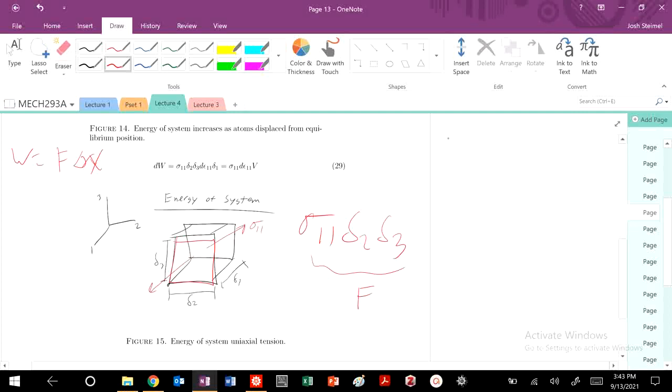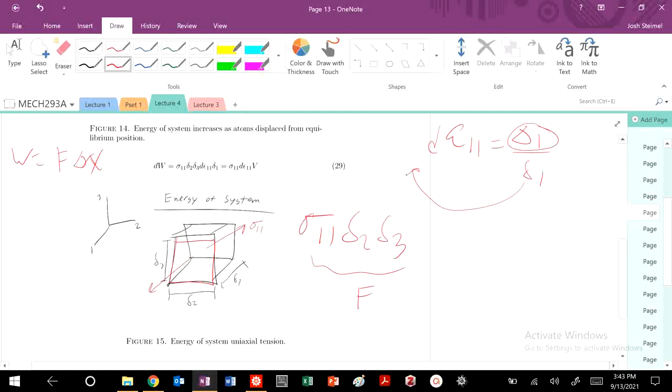Well, it's being strained in the 1 direction, differentially, so a small element. My strain in the 1 direction is just my change in length in the 1 direction divided by delta 1. I can rearrange this to get the displacement, delta 1, a little differential displacement, and bring it over here.